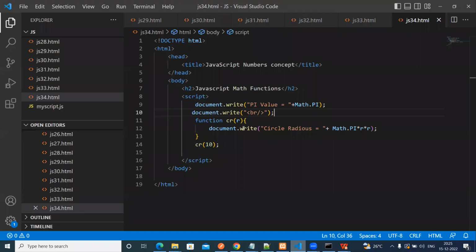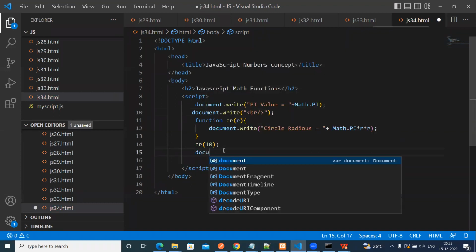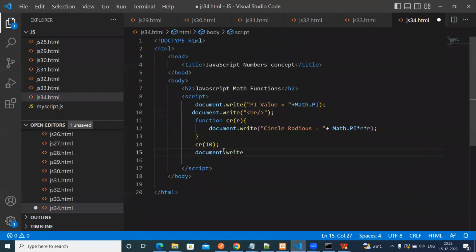Now you can see, document.write, then rounded value of circle radius, circle radius equal to, so then plus, so what is our value here?